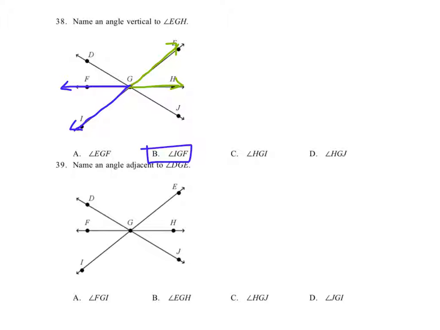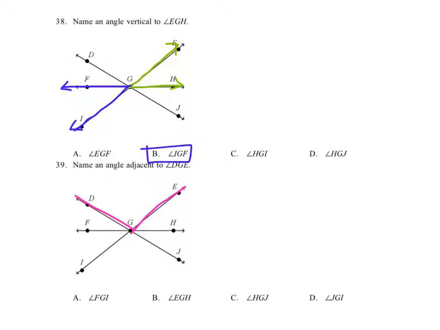Well, adjacent means a shared side. So DGE right here. Okay. So an angle that's adjacent to it could be anything that's got a shared side. So it would have to be called either DG something, some other point, or something GD going the other way, or either EG and then going to the other ray, EG something or something GE.